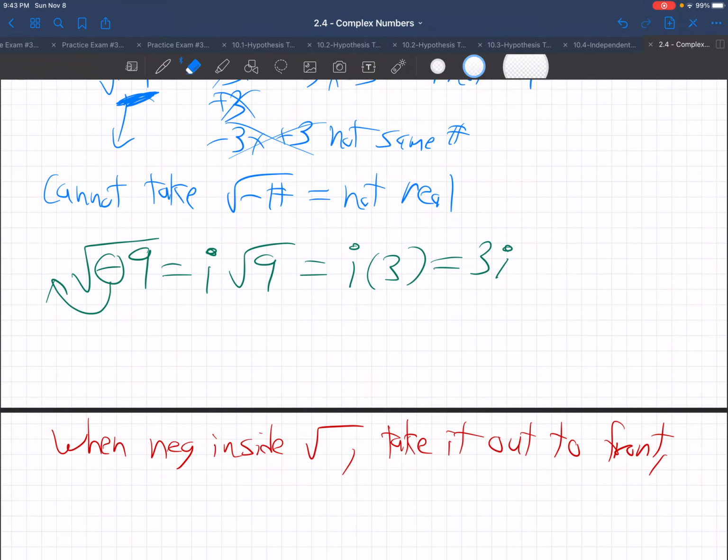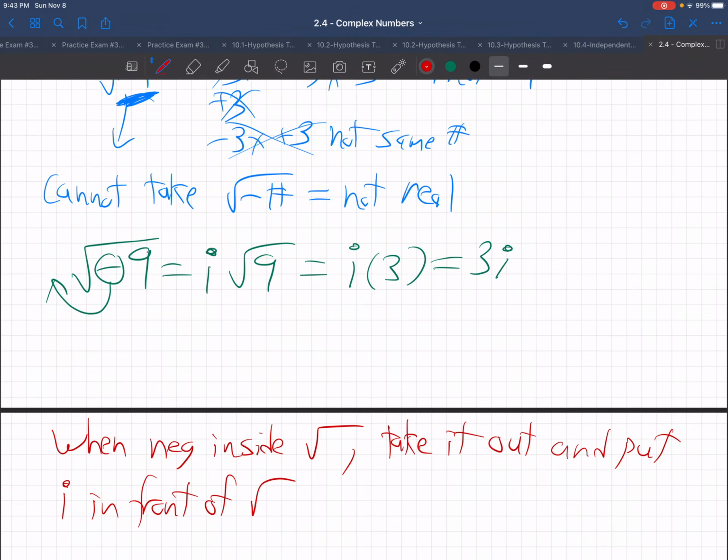Take it out, well, I'm sorry, I'm not saying this very clearly. Take it out and put i in the front of the root.